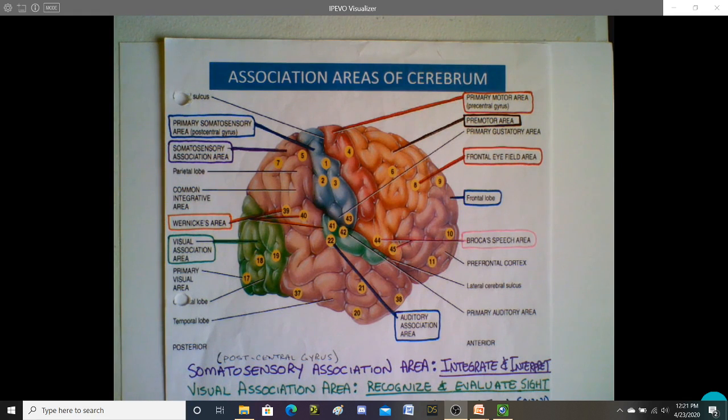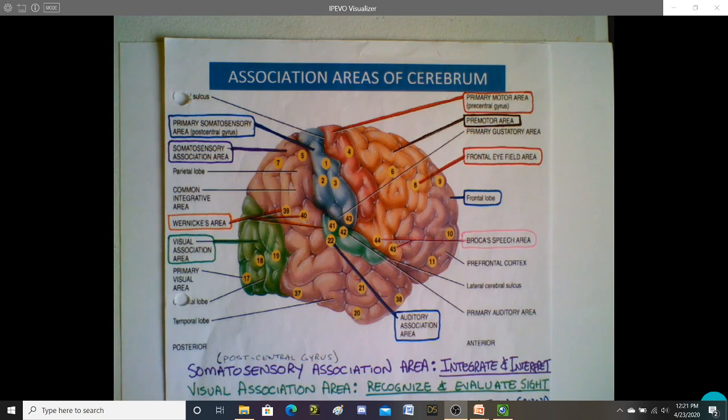So it says the visual association area, we can recognize and evaluate sight. That is your occipital lobe. So we are interpreting sight, we're recognizing, we're processing that information, we're storing memories from sight in the occipital lobe.